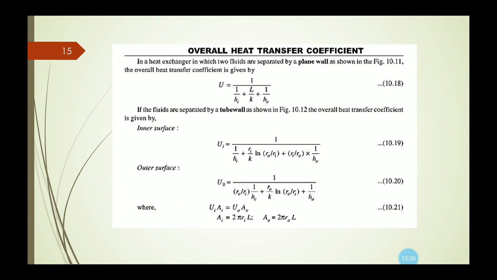In that case Ui Ai equals Uo Ao, where Uo and Ao are for the outer surface. Ai equals 2 pi Ri L, and Ao, the area of the outer surface, equals 2 pi Ro L. So these are the formulas for the overall heat transfer coefficient.